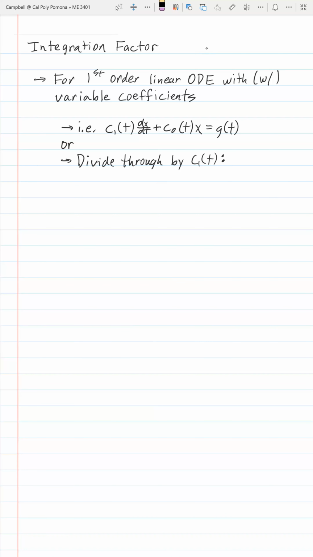So then we have dx/dt plus, here I'll just call it C of t times x, is equal to now f of t.